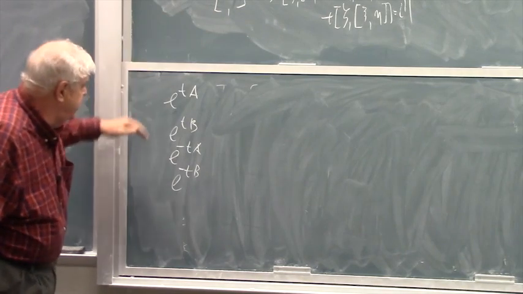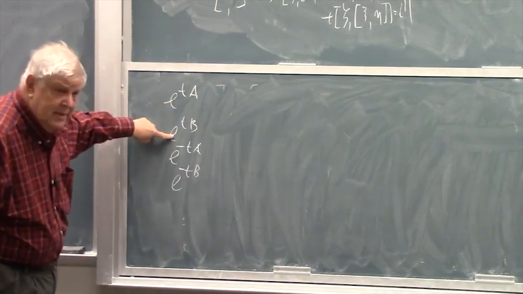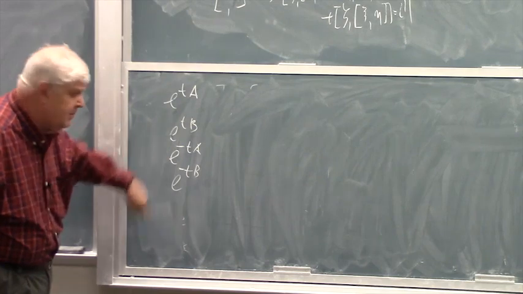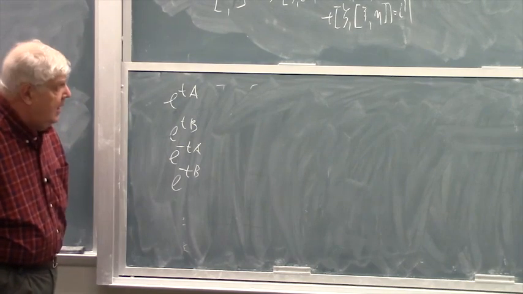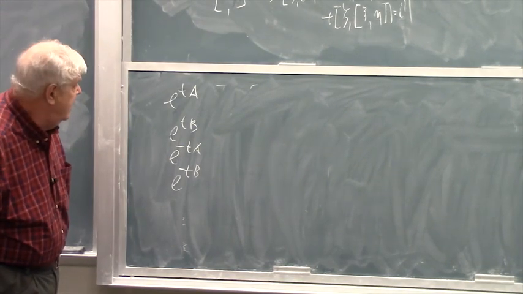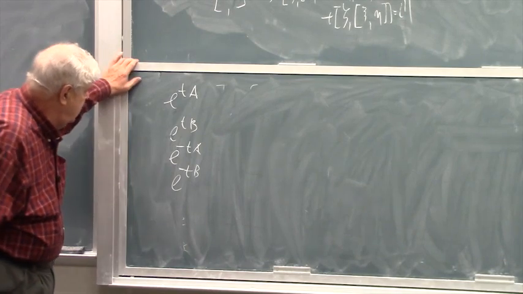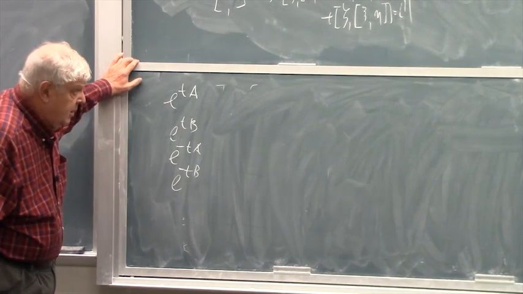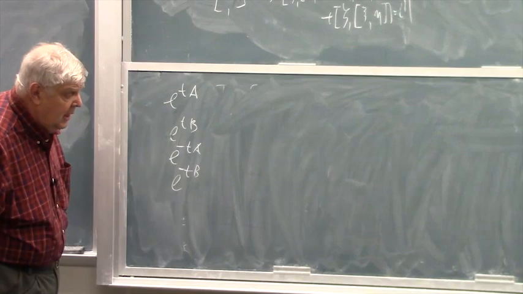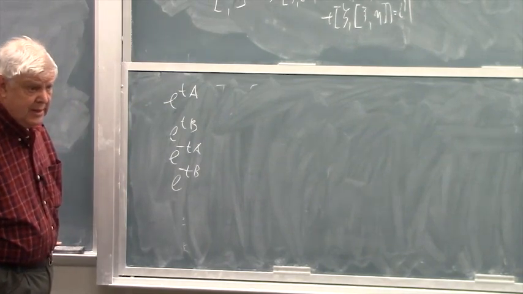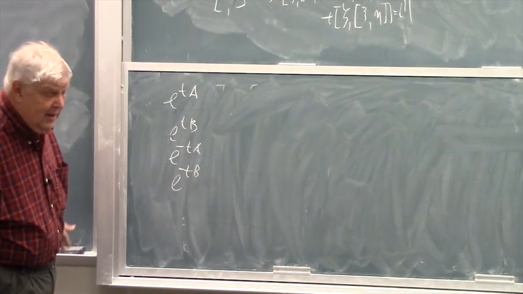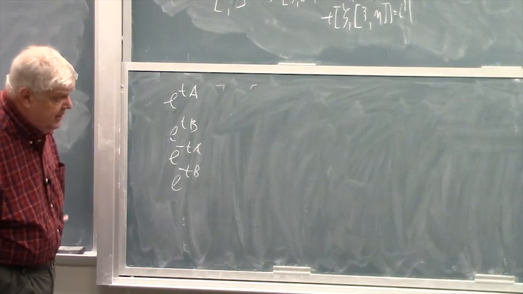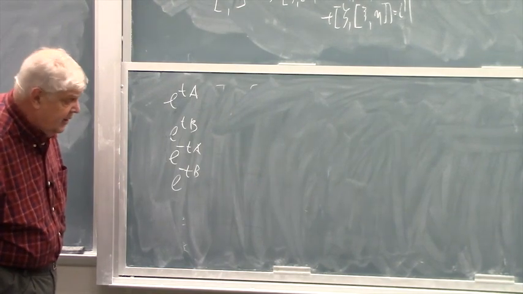Then we take the commutator of this and this, which means this times this times this times this. And actually, it is going to be I plus t squared times something. I mean the series, full series. And this something will be the commutator of A and B.